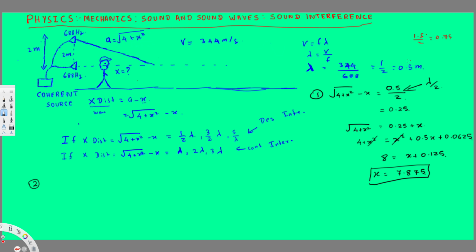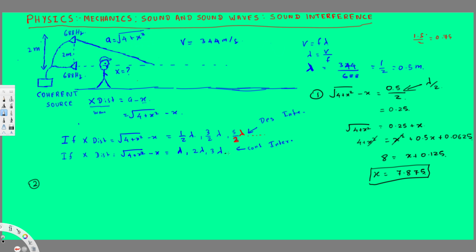At that time also he will hear no sound. And this is 5 lambda by 2. Also at that time he will hear no sound. So it goes on and on, like 7 by 2, 9 by 2, always like that.